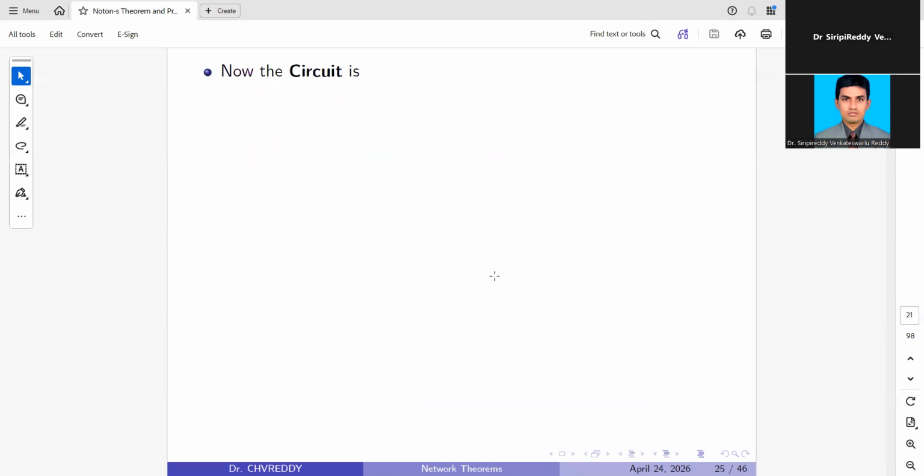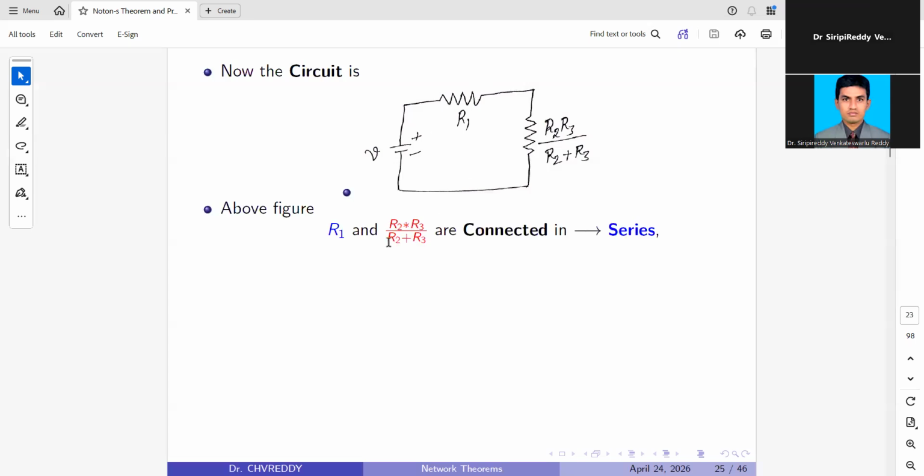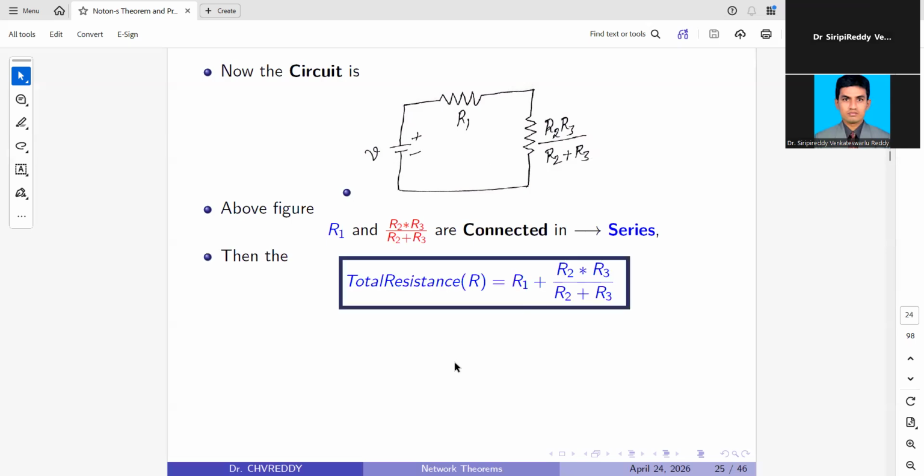Whatever resultant resistance we get is in series with the resistance R1. So in this figure, R1 and R2 R3 divided by R2 plus R3 are connected in series. Then the total resistance is equal to R1 plus R2 R3 divided by R2 plus R3.